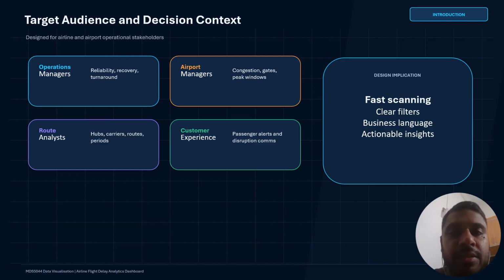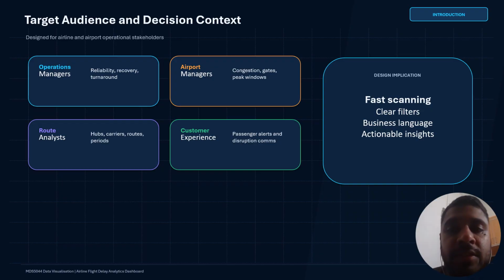The target audience is airline operations managers, airline management teams, route planning analysts, and customer experience teams. Airline operations managers need to know which part of the network is performing poorly, and airport managers need to understand congestion patterns and high-risk time windows.